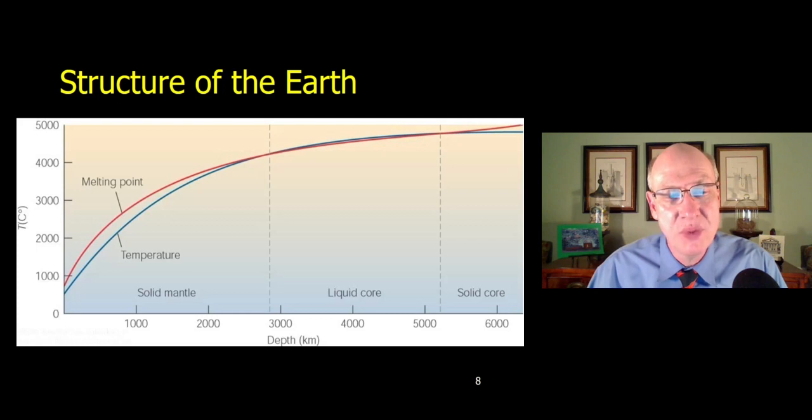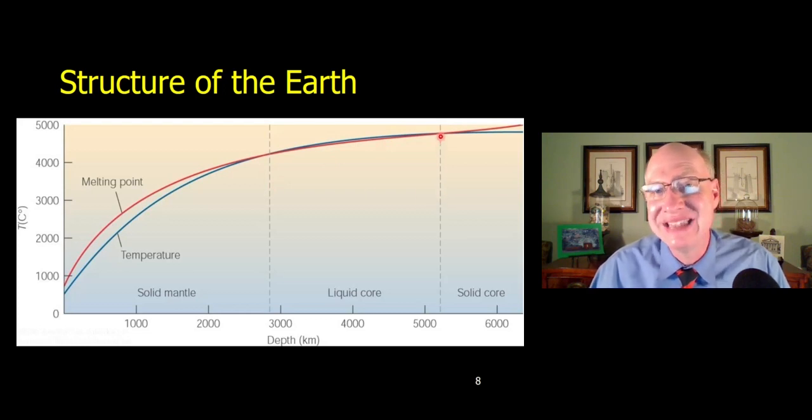Above a depth of about 2,900 kilometers, the temperature is below the melting point, so the mantle of the Earth is solid. But between a depth of 2,900 kilometers and about 5,200 kilometers or so, these two curves switch places. That is, the temperature is higher than the melting point of the minerals that make up that part of the Earth. And that is why the Earth has a liquid core.